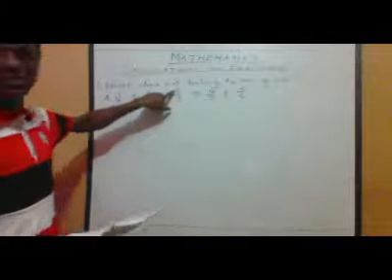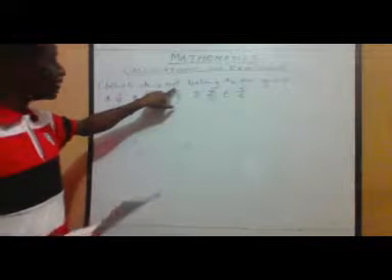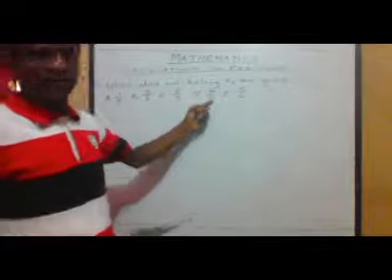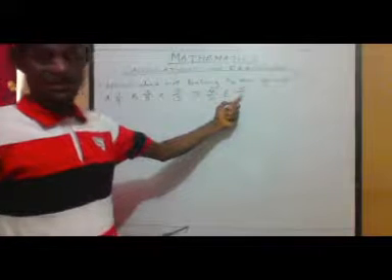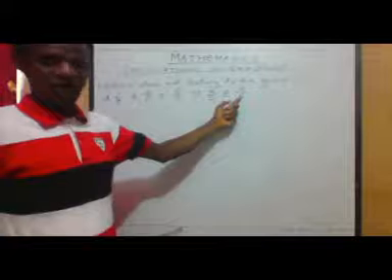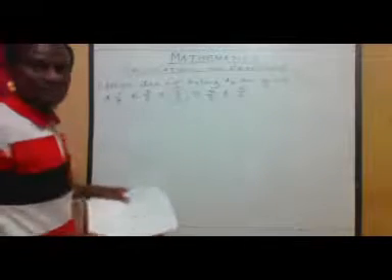C, 8/3 is an improper fraction because the numerator is more than the denominator. 4/5 is a proper fraction because the numerator is less than the denominator, while 5/6 is also a proper fraction because 5 is less than 6. So the one that does not belong to the group is 8/3, which is an improper fraction.